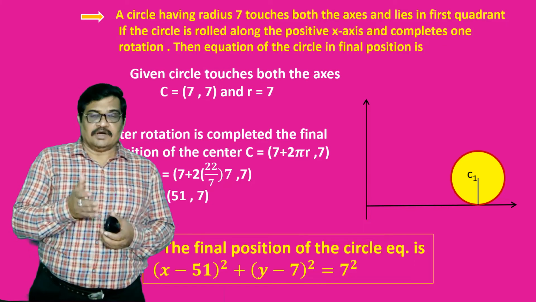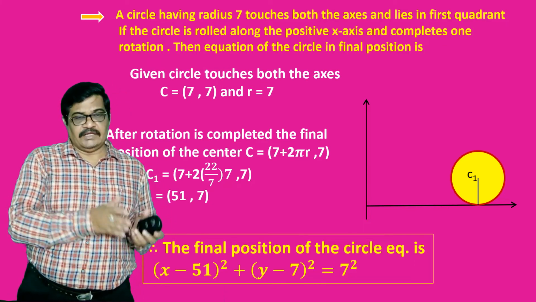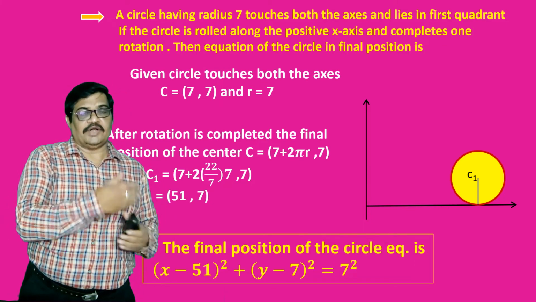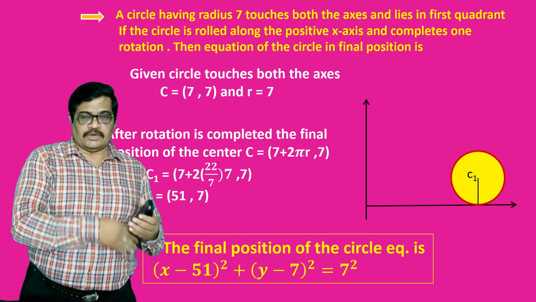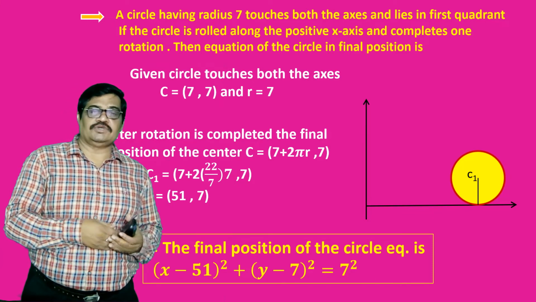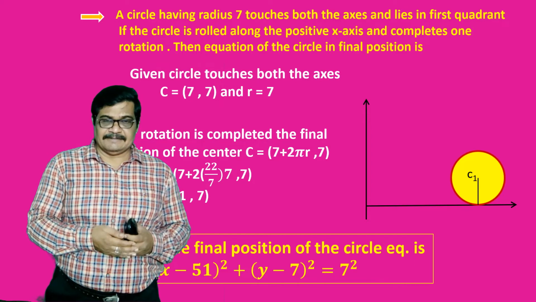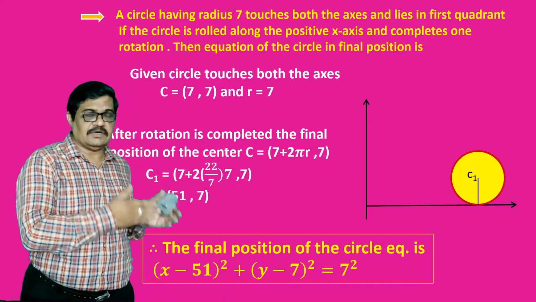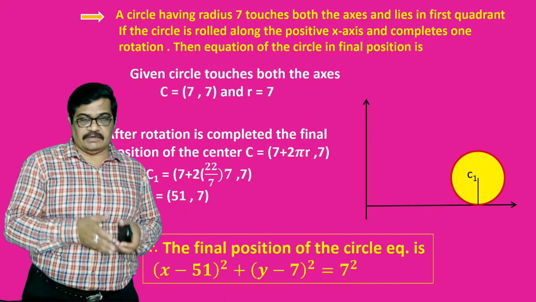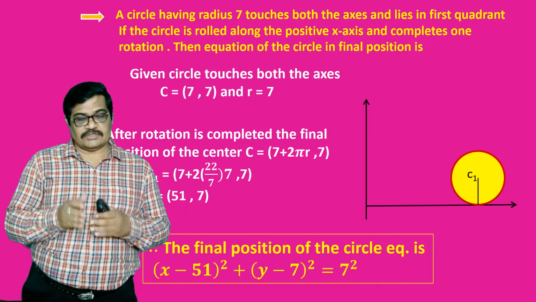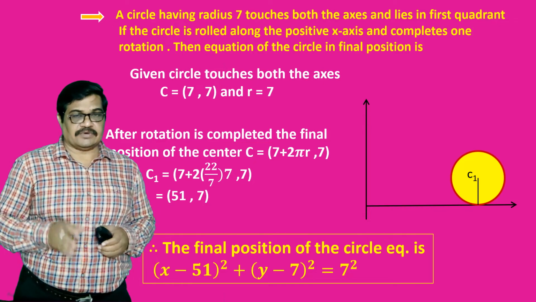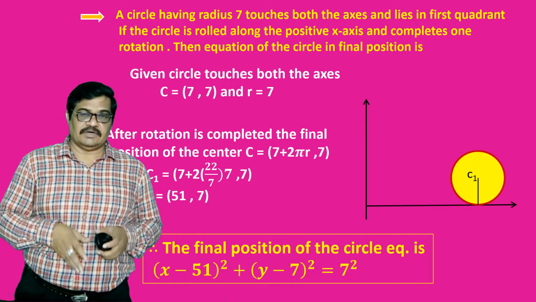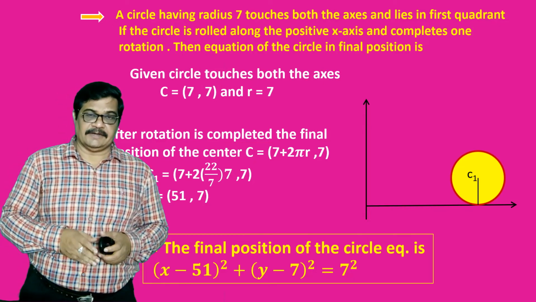This is our required circle when the given circle makes one complete rotation on the positive x-axis. Okay, this is our required equation of the circle.